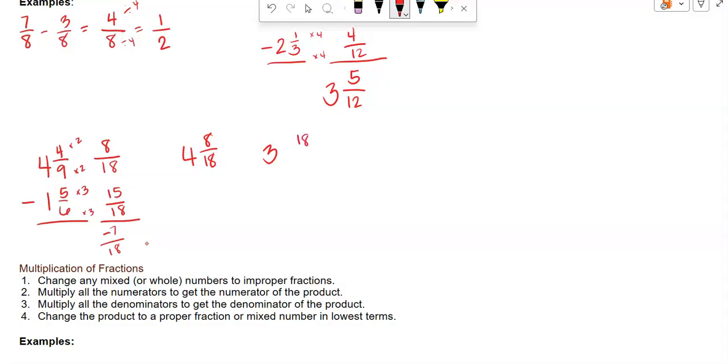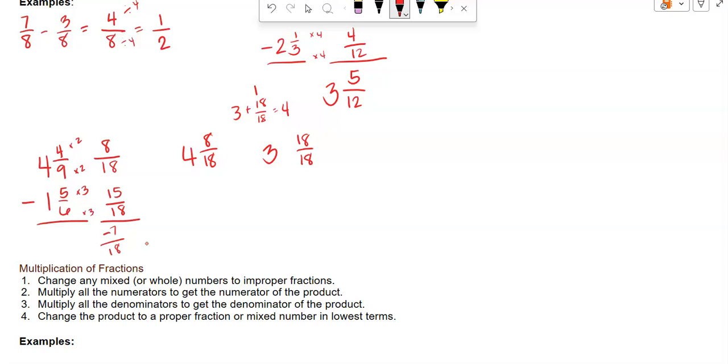And then I'm doing 18 over 18 because 3 plus 18 over 18 is the same thing as 4. Okay, because 18 over 18 is also equal to 1. So 3 plus 1 is 4.